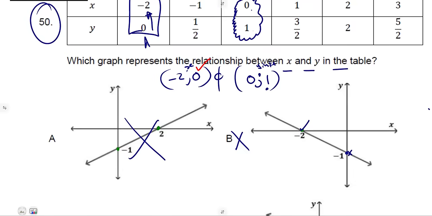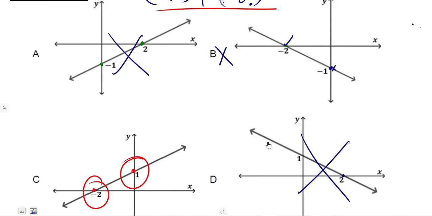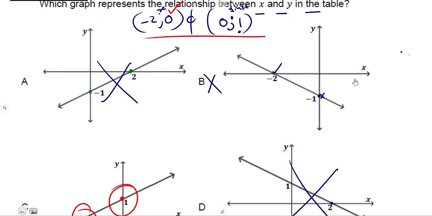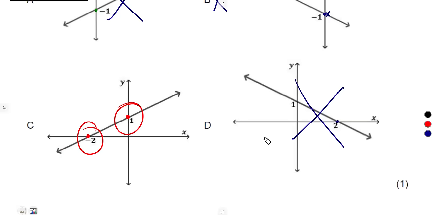Exactly what matches here. The x-intercept is minus 2, the y-intercept is 1. So guys, look for those. In the table, where y is 0, that's your x-intercept. Where x is equal to 0, that's your y-intercept. So the best that describes that is C. So that was our number 50.